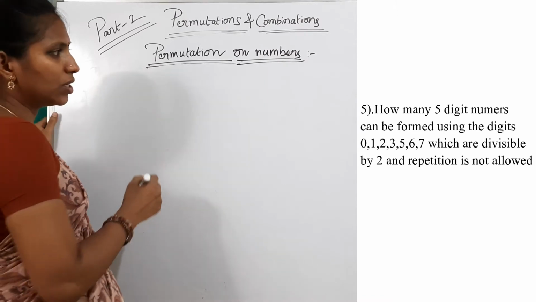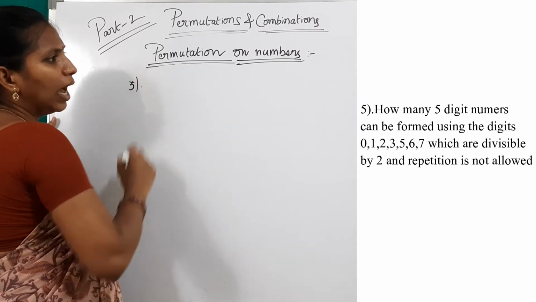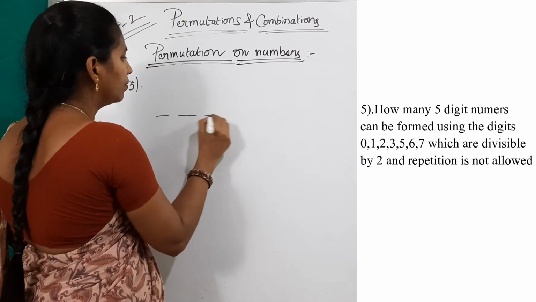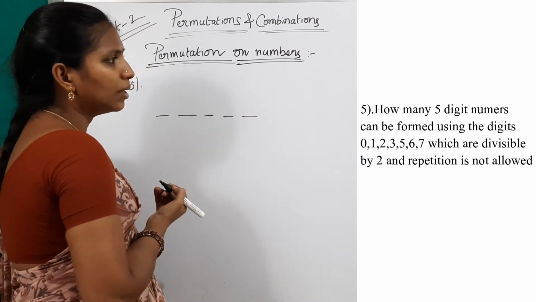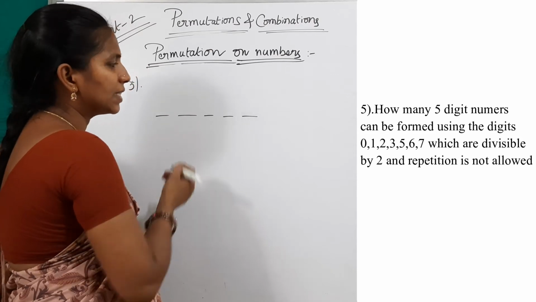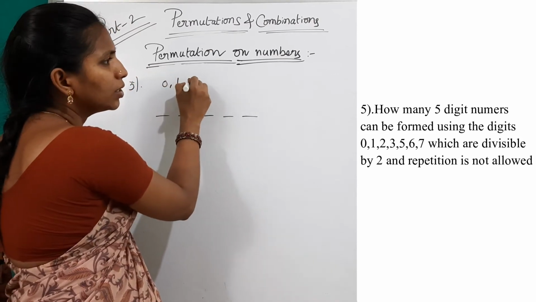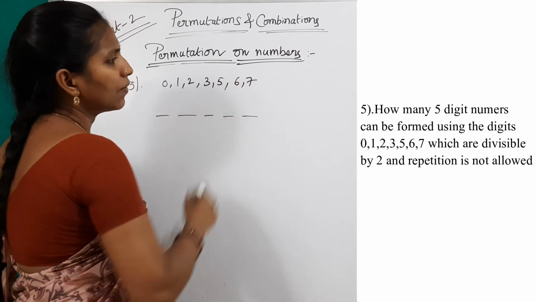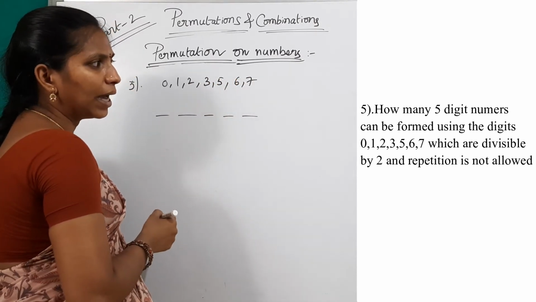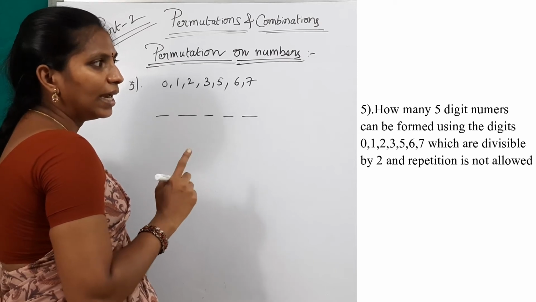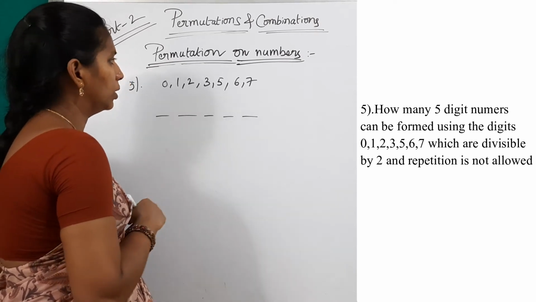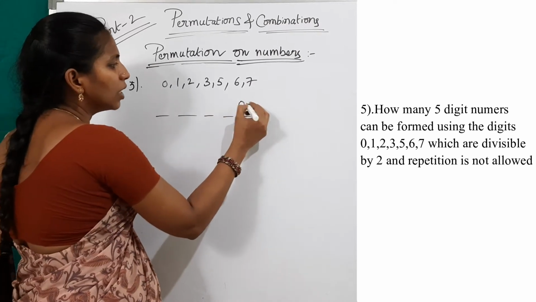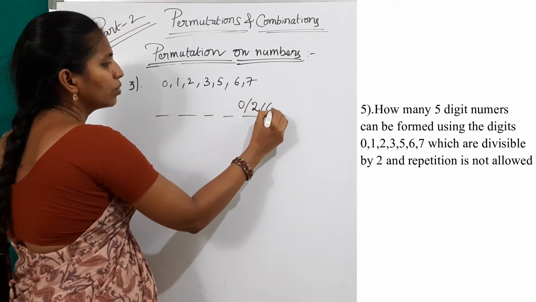Now see the fifth question. How many 5-digit numbers can be formed using the digits 0, 1, 2, 3, 5, 6, 7 which are divisible by 2, and repetition is not allowed? For divisibility by 2, you may write 0, 2, 6 at the units place.